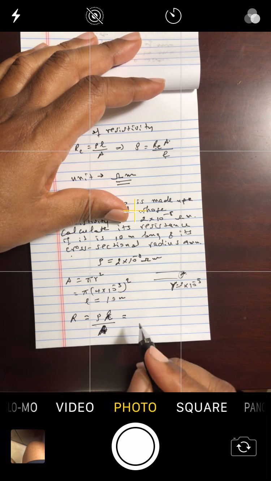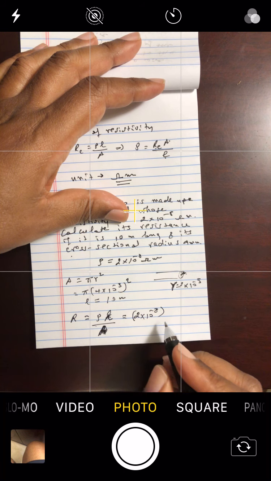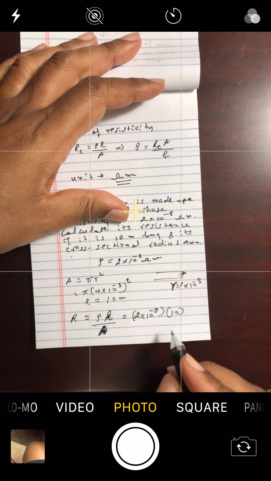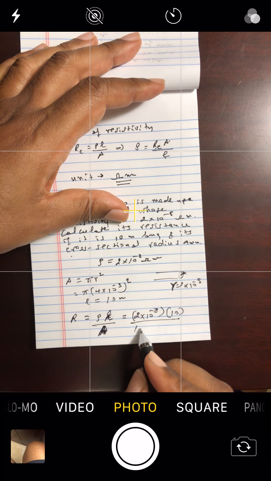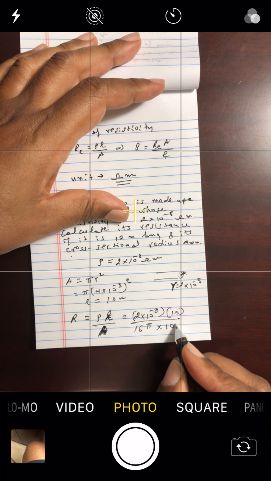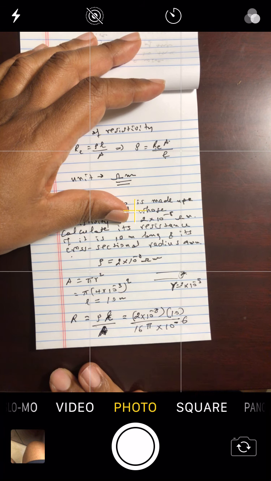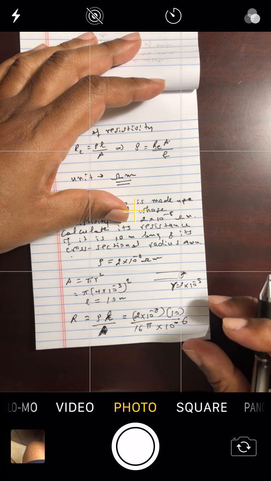So that is 2 times 10 to the power -8 times the length, which is 10, and then we've got the square of this one, 16 pi times 10 to the power of -6.